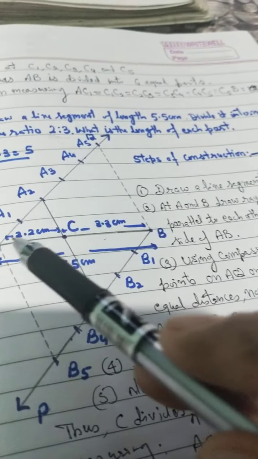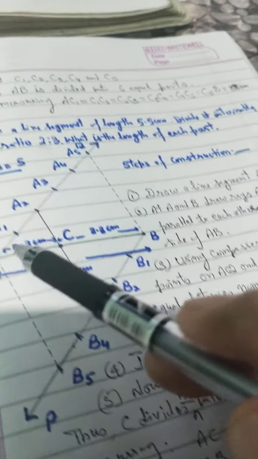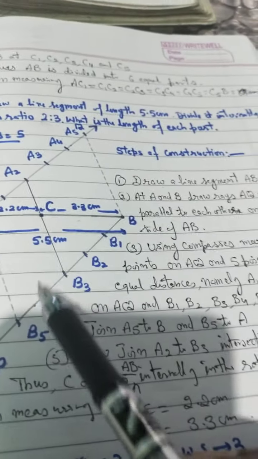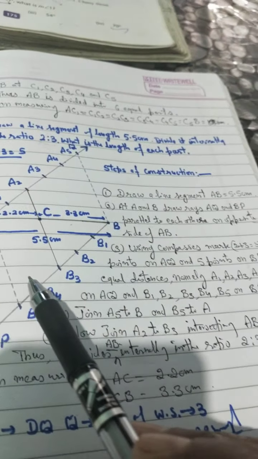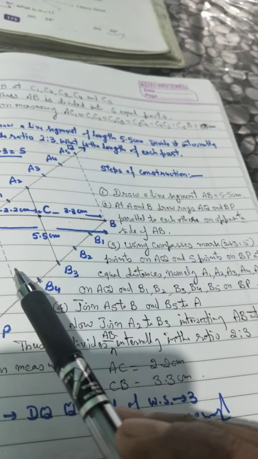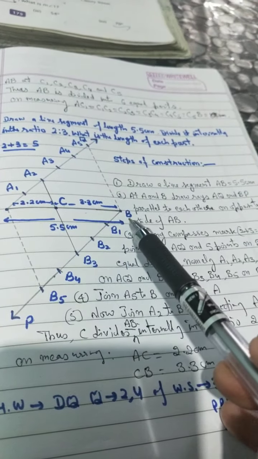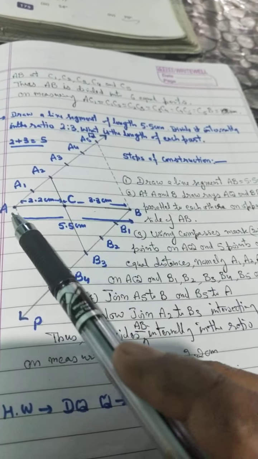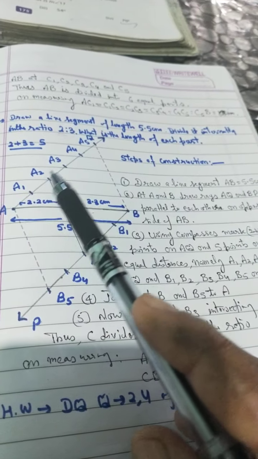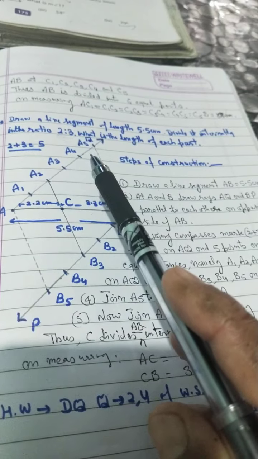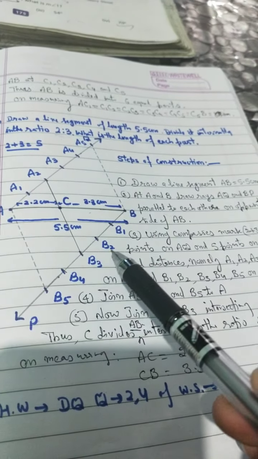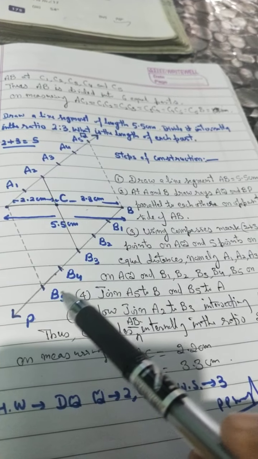That is why these two lines will be parallel. Now next, second and third step. Using compass mark 5 equal parts on AQ and 5 equal parts on BP, namely A1, A2, A3, A4, A5, and B1, B2, B3, B4, B5.